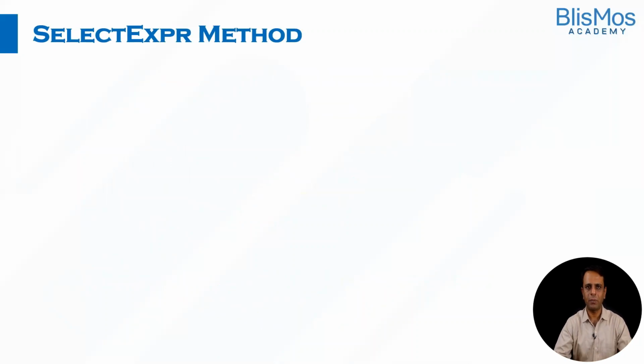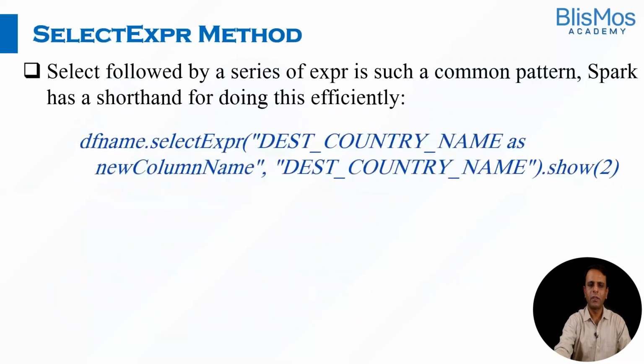Now that we understood the select method and also the expression method, as a part of Spark, combining them becomes a really wonderful use case. Noticing that, Spark inventors combined select with the expression and came out with the selectExpr method.